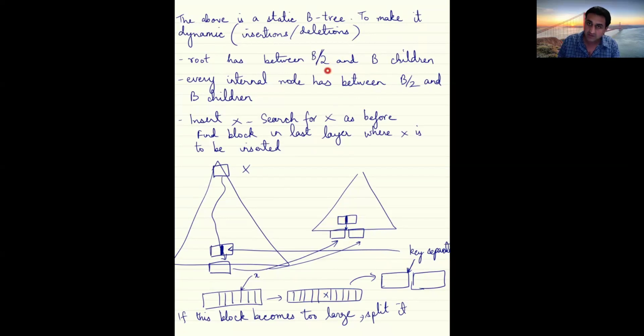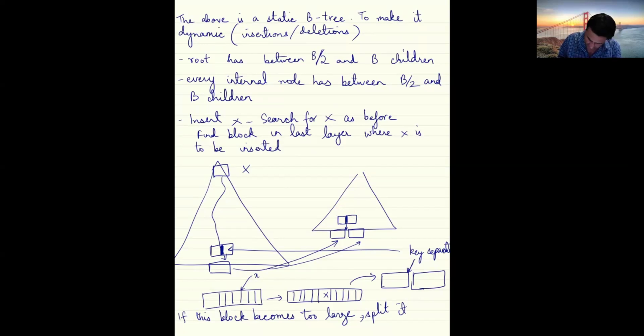The invariant is still maintained that it's between B over 2 and B. But at some point, if I insert too many keys into these blocks, this parent's degree will exceed B, and then we will split the parent. And these can trigger changes all the way to the root. So that's how you insert.